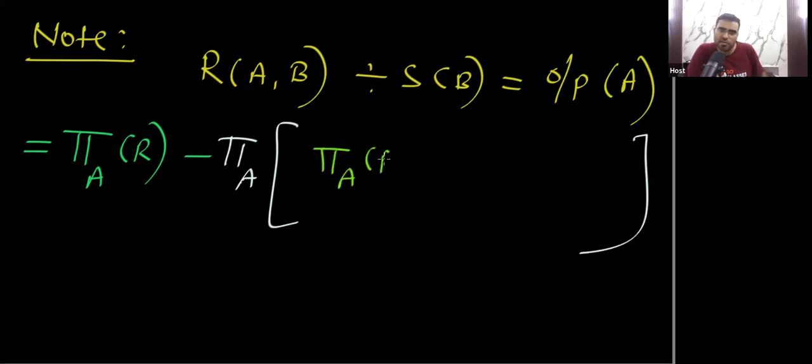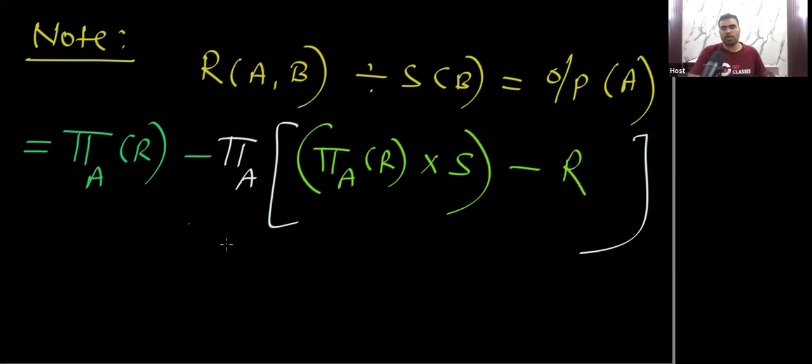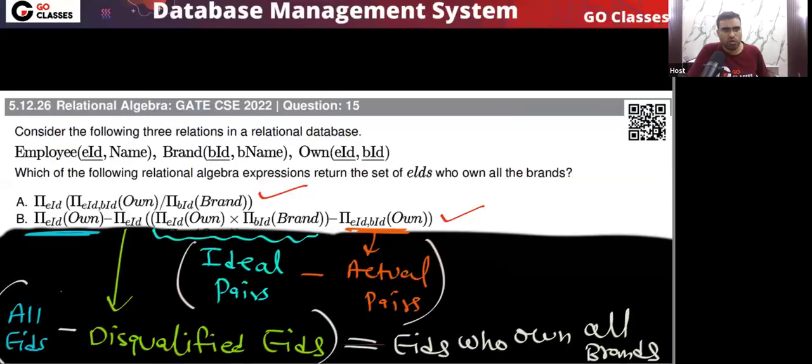Ideal means this cross S, minus actual, which is R. So this is your answer. Okay, that's it. So here you can see that option B is basically the division operation in terms of basic relational algebra operations. So for this 2022 question, the answer will be option A, B. These will be correct. Option C, D are wrong.